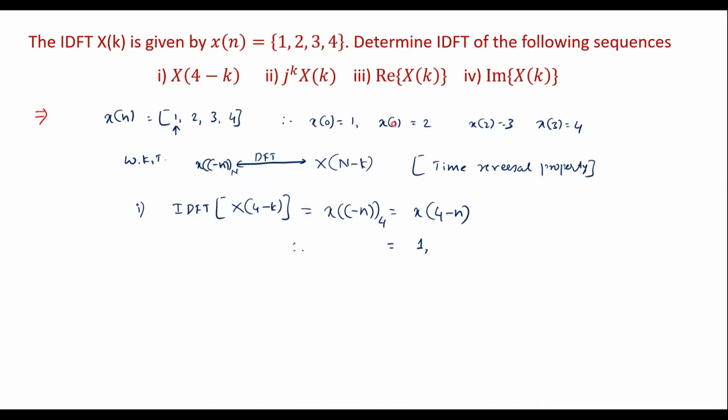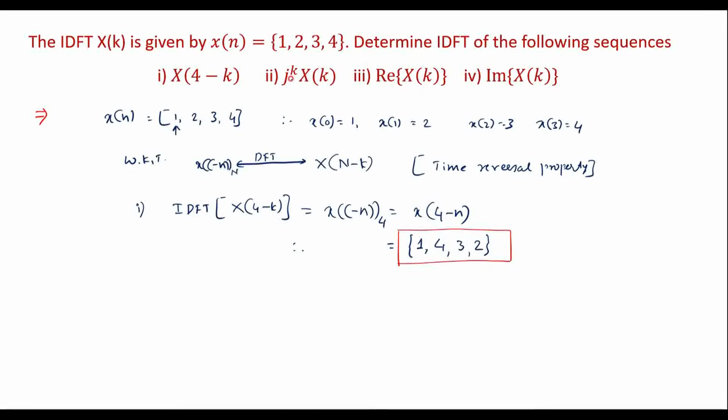Now for n equal to 1, here we'll get x of 3. So x of 3 value is 4. Then take n equal to 2. It will be 4 minus 2, that is x of 2. X of 2 value is 3. Then take n equal to 3, that is 4 minus 3 is 1. X of 1 value is 2. So the IDFT of x of 4 minus k is equal to 1, 4, 3, 2. So this is the answer.